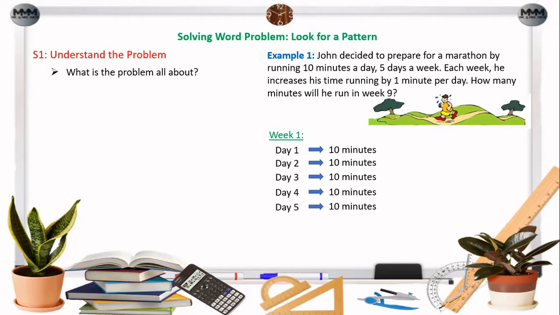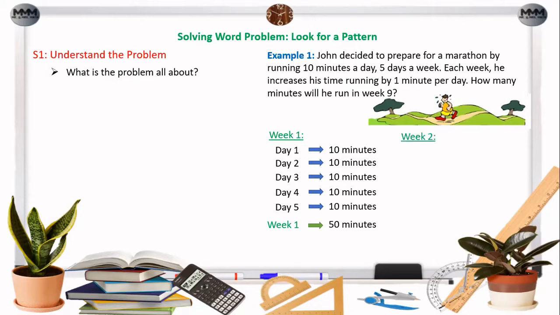And a total of minutes John runs in week 1 is 50 minutes because every week he runs 5 days. Hence, because each day he runs 10 minutes, 10 times 5 is equal to 50. So he runs 50 minutes every week.